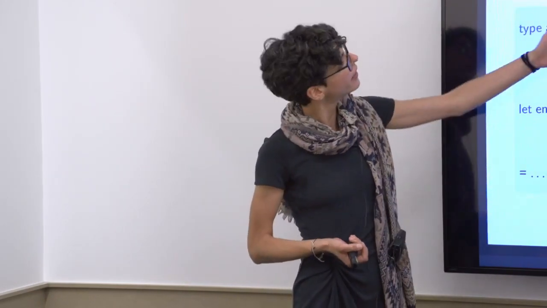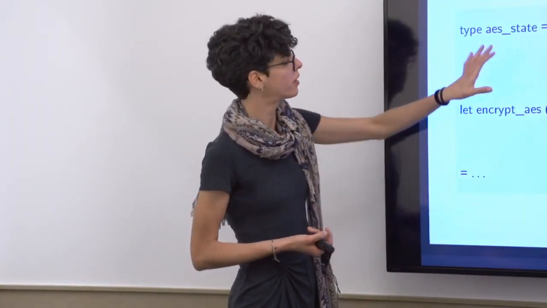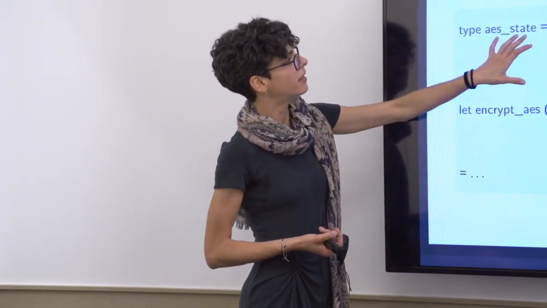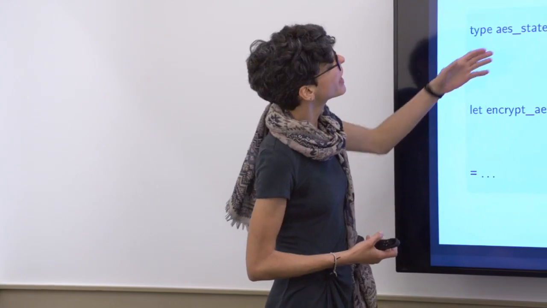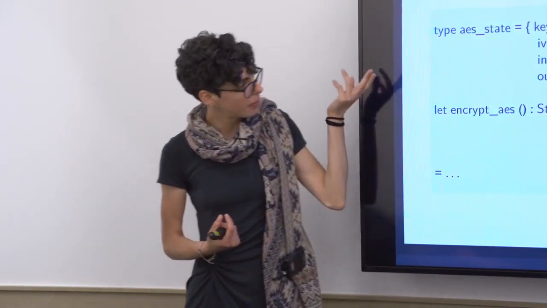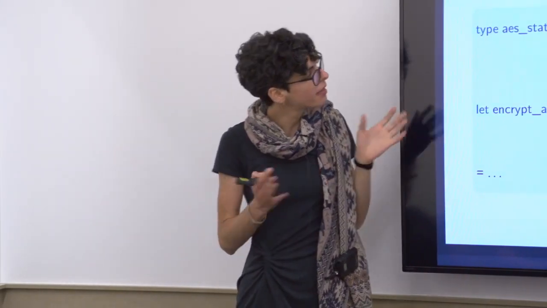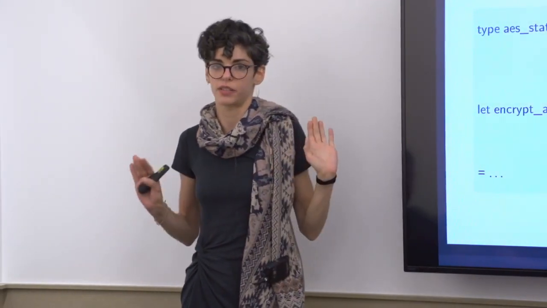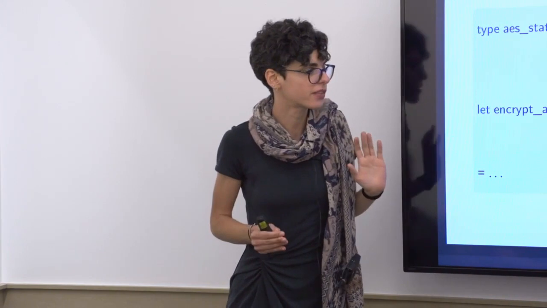In particular, there is no aliasing in this record. This is the state that's particularly tailored for the AES algorithm. And we have 4 fields: the key, the initial vector, the plaintext, and the ciphertext. These are all represented as sequences. This is a pure data structure.